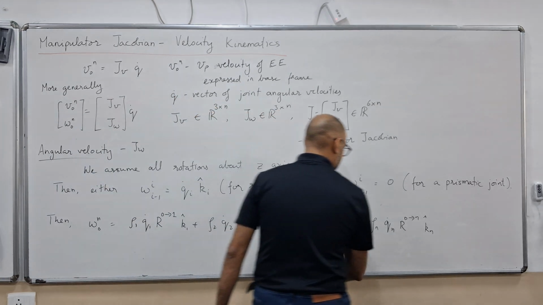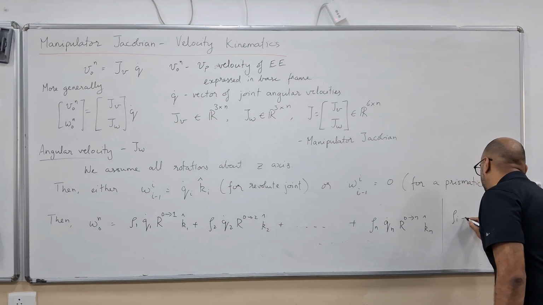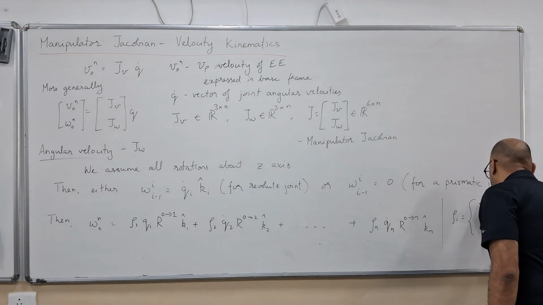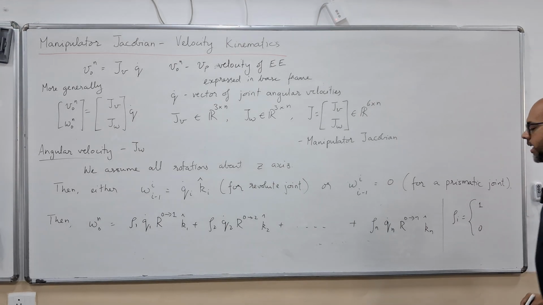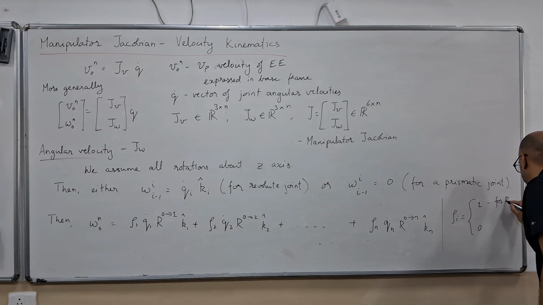Here the rhos are just a simple multiplier where rho i is either 1 or 0, and it's 1 for a revolute joint and it is 0 for a prismatic joint.